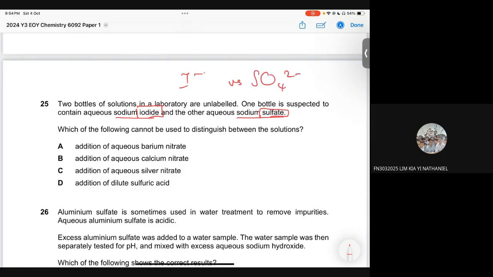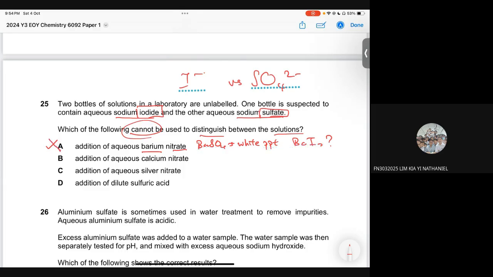Which of the following cannot be used to distinguish the solutions? First, I add barium nitrate. Barium nitrate will form barium sulfate, which is a white PPT. Obviously iodide, BaI2, is soluble. So the first one can be used to distinguish. Therefore, it is not the answer.